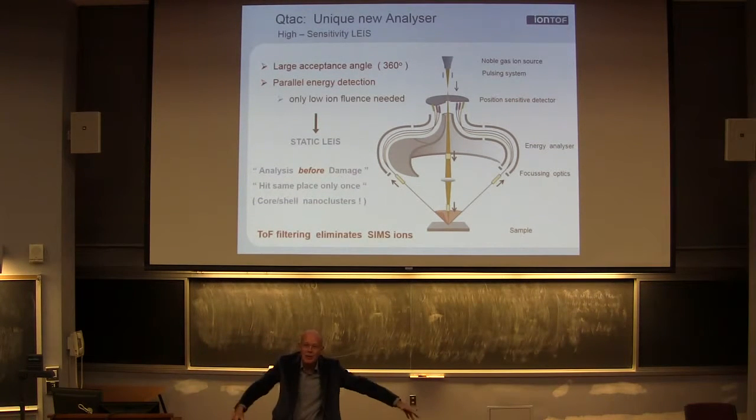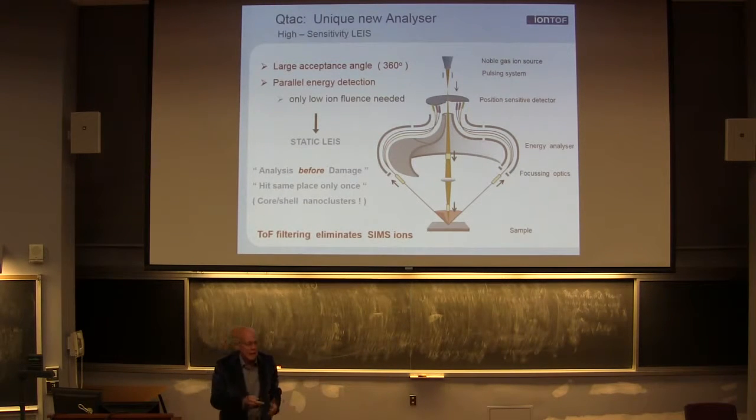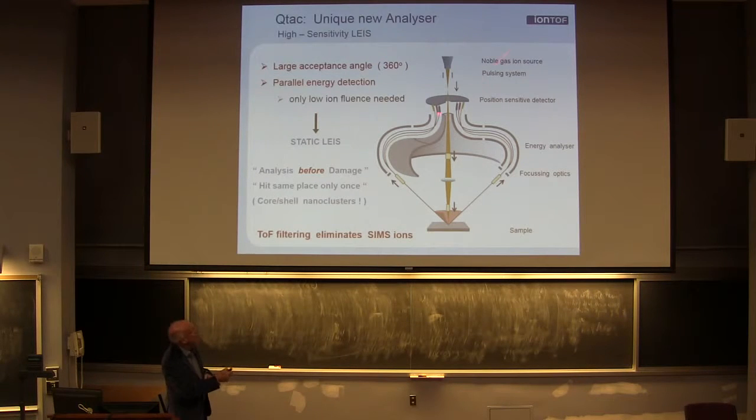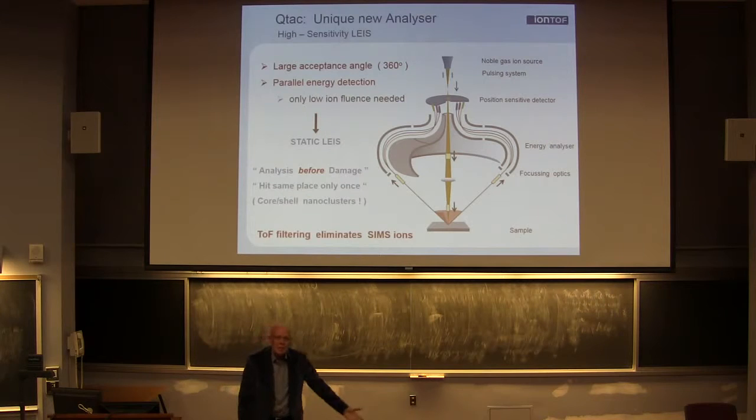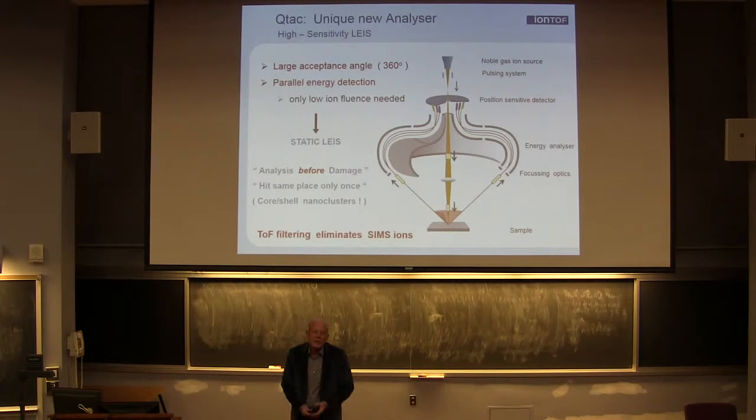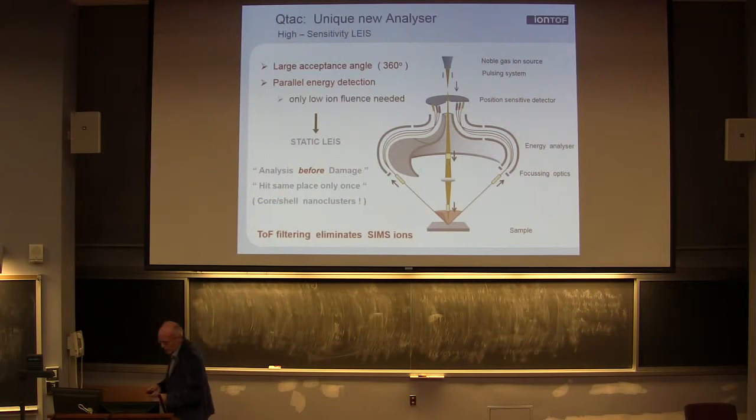I can detect a major fraction of the spectrum in parallel. At the same time, these ions scatter back in a full cone, the 2 pi, so you have a very large acceptance angle. With parallel energy detection, you typically have a factor of 3,000 higher sensitivity than other instruments in the field, at least for a given mass resolution.